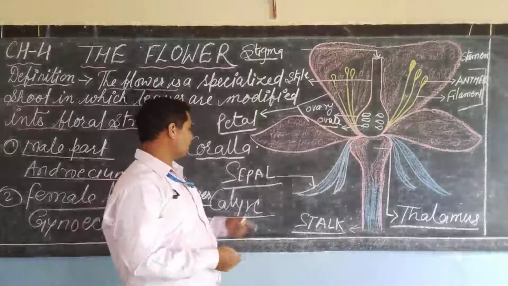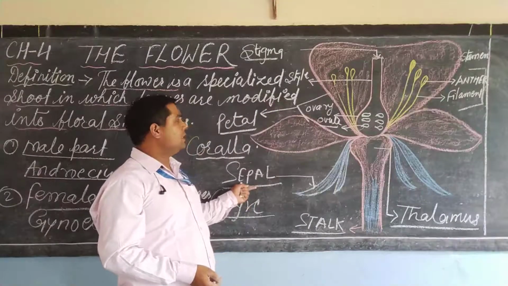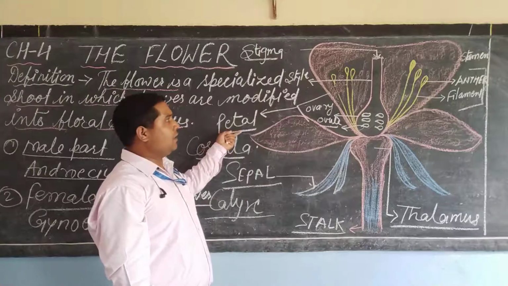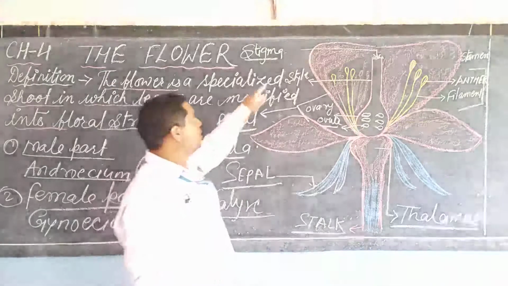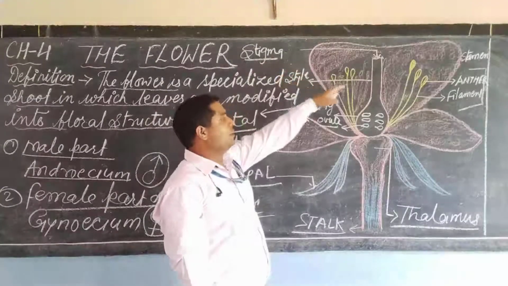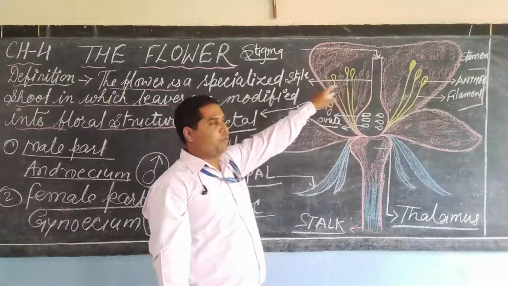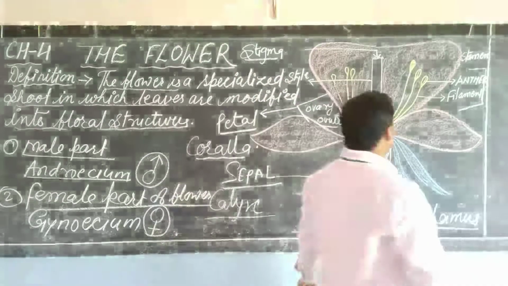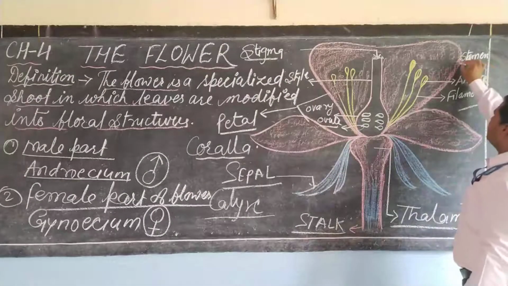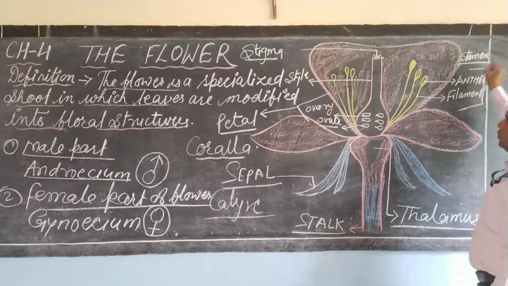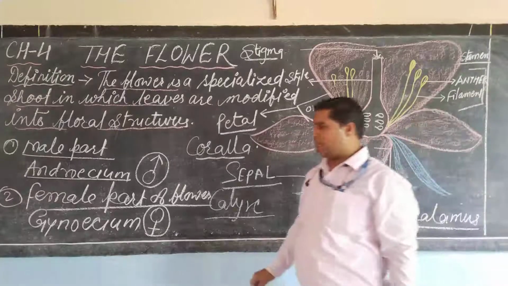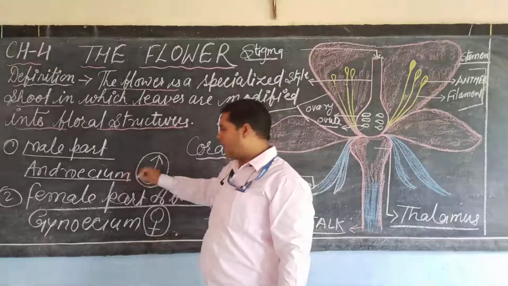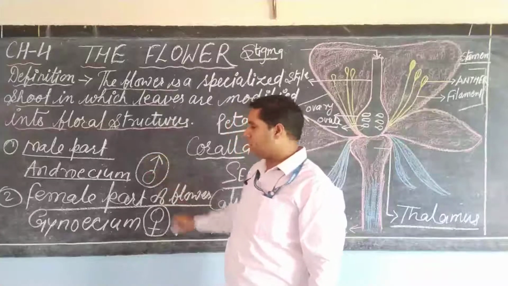First is sepal, second is the petal, third is the male part, and fourth is the female part. So the single male part is known as a stamen, whereas collectively it is known as androecium and denoted by the symbol.